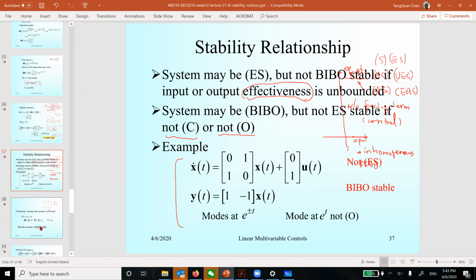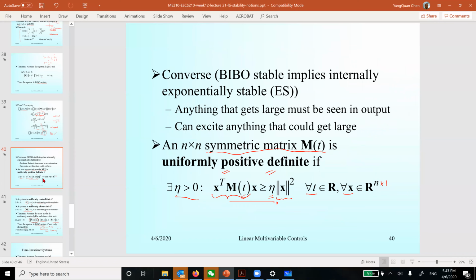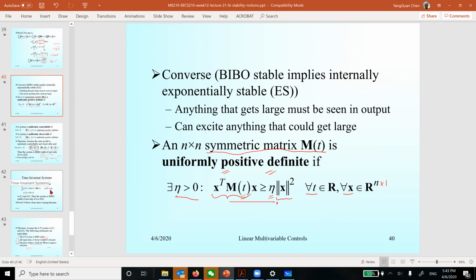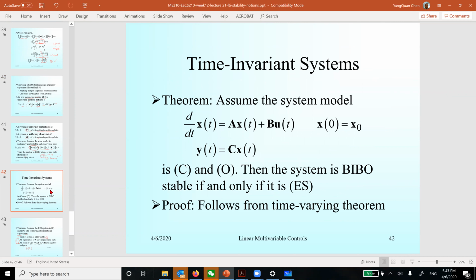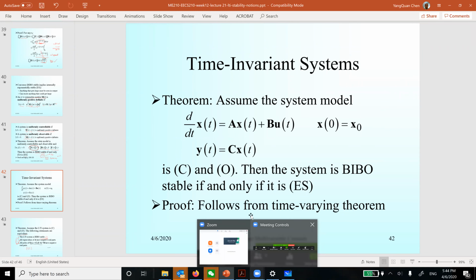So the condition is: for an LTI system, sure, yes, BIBO is exponential. But for the time-varying case, you need additional conditions, okay? What are the conditions? A, B, C are bounded as matrices. And the controllability Gramian and observability Gramian must be bounded in a certain sense, okay?